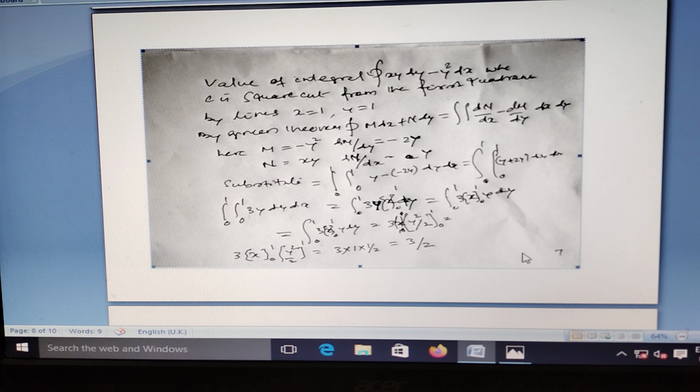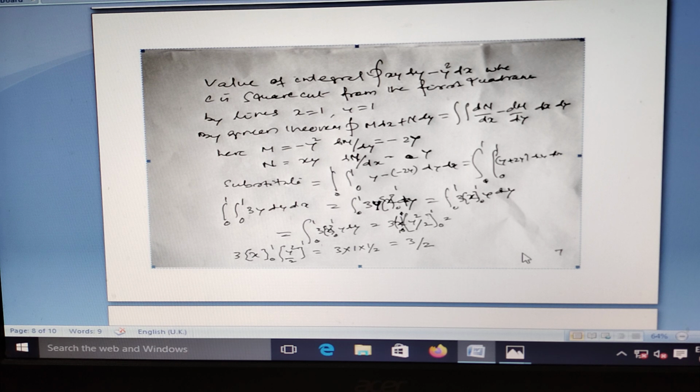Let R be a closed surface with boundary C. Let M and N be continuous functions of x and y having continuous partial derivatives in R. Then the line integral of M dx plus N dy over the curve C is equal to the double integral of (dN by dx minus dM by dy) dx dy, where C is traversed in the positive, anticlockwise direction.